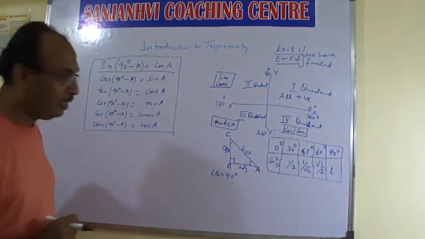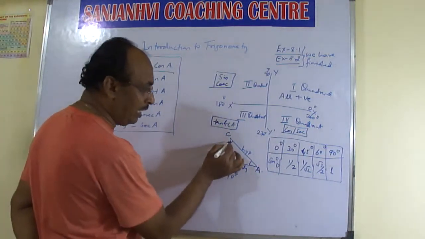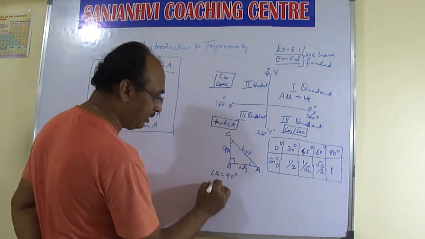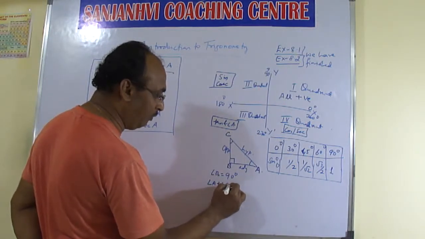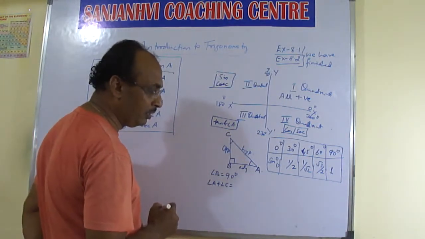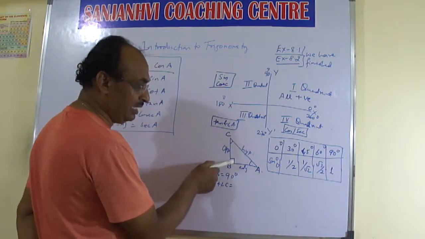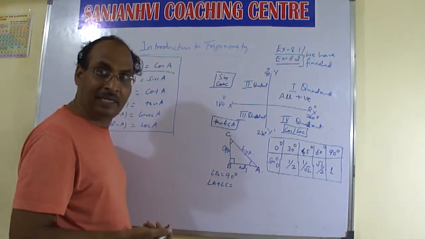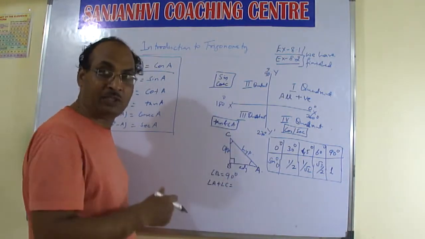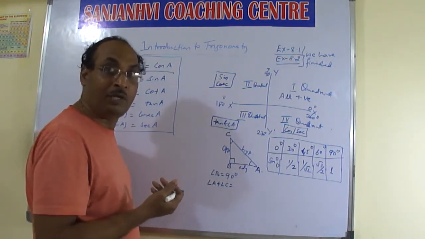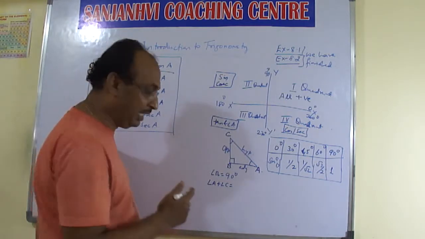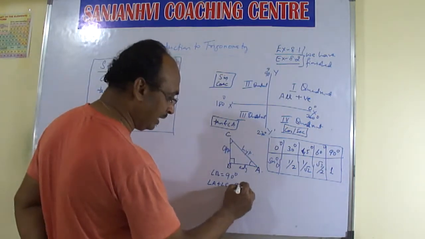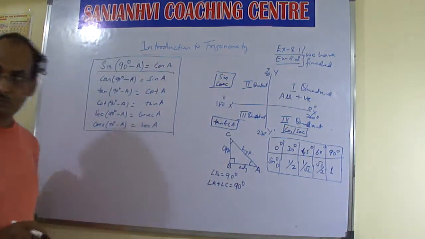Now the sum of angle A plus angle C will be equal to what? 90 degrees. Because the sum of all the angles of a triangle will be equal to 180 degree, and you have already said that angle B is 90 degrees. Yes or no?